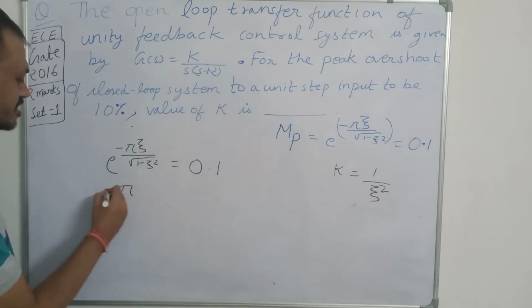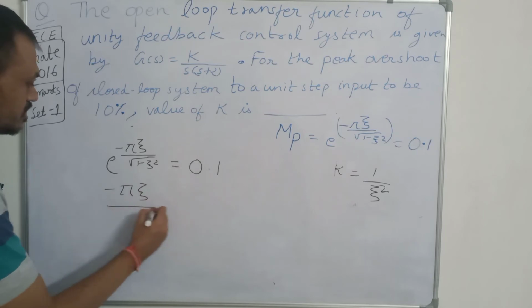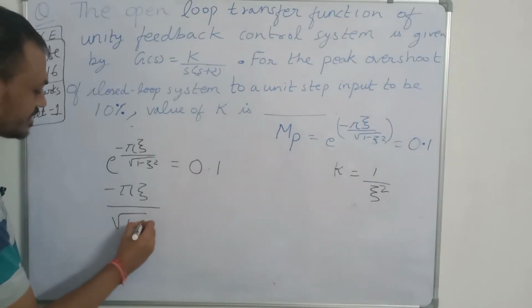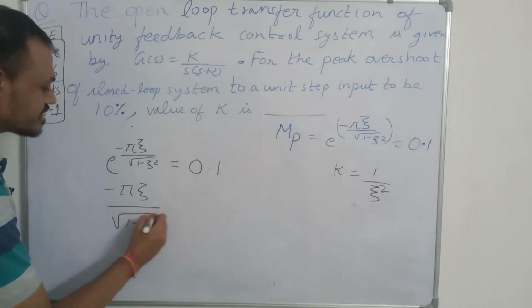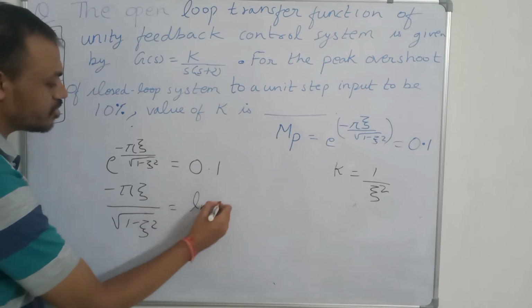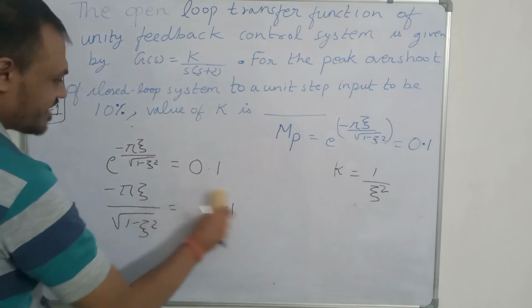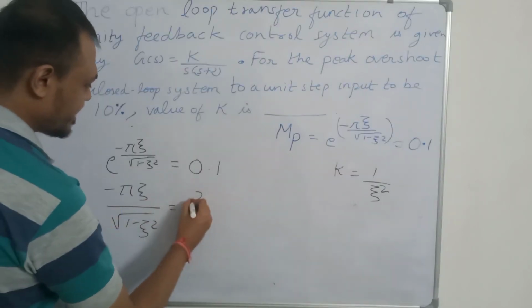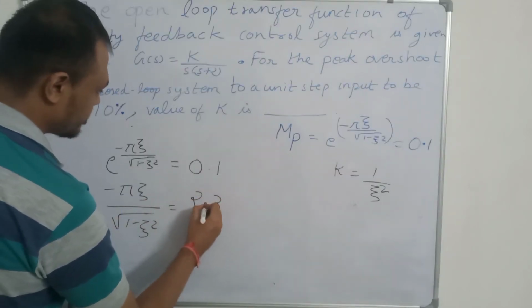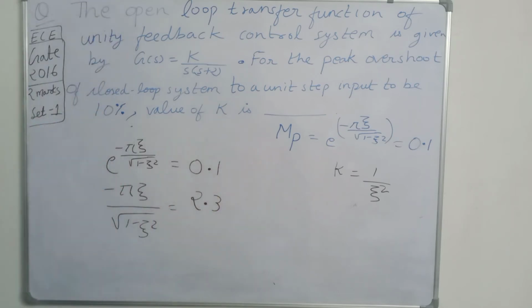So it gives -πζ/√(1-ζ²) = ln(0.1). The natural logarithm of 0.1 is equal to -2.3, so we can write it as 2.3 in magnitude.